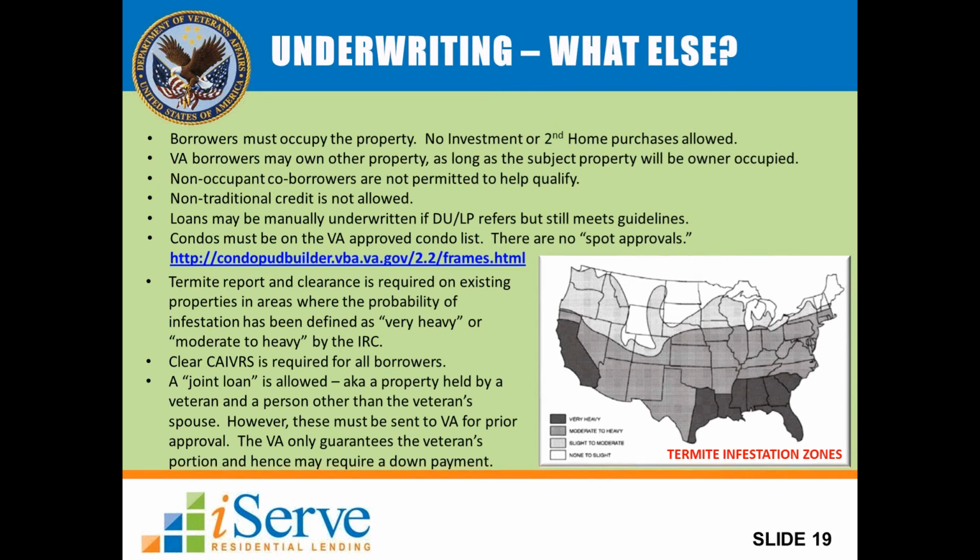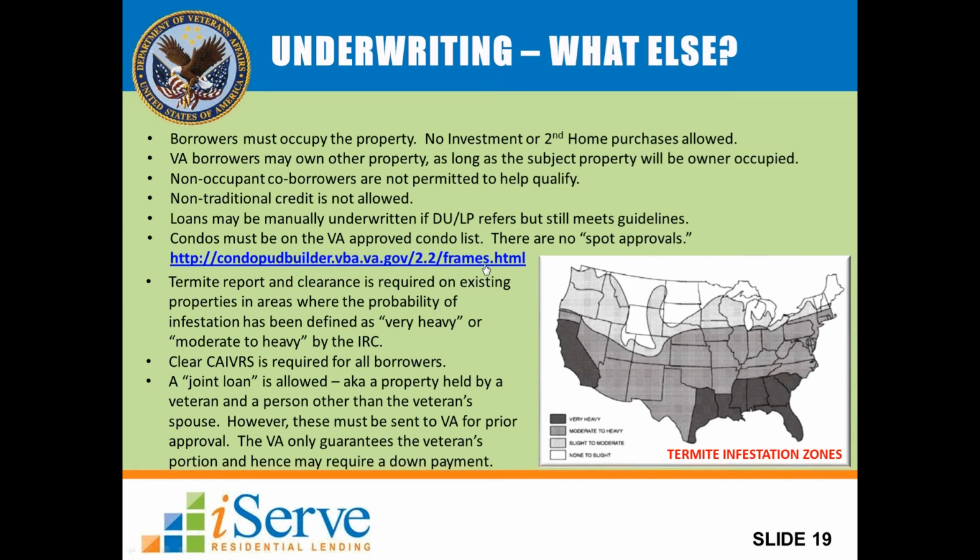There are no spot approvals for a condo. Condos must be on VA's approved list, and I included the handy link here for the condo PUD builder. I just have to tell you right now, if you're looking up one of these condos, you might get a little frustrated sometimes. So I would recommend having a copy of the legal description close by. The reason is, when they set up these condos, they put them under some funky things.